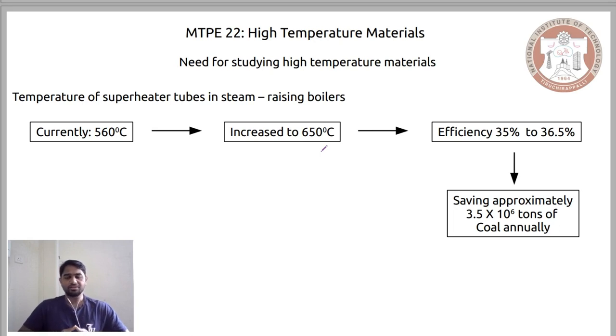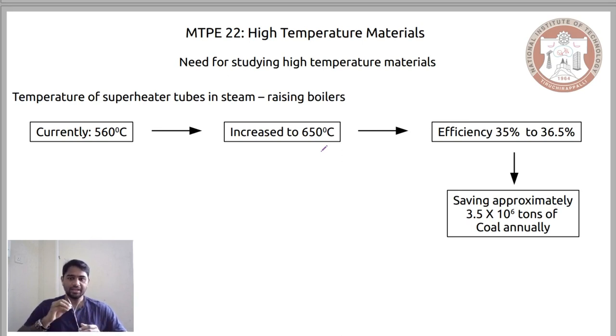The bottom line here, which I just wanted to end this lecture with, is that you would have taken several courses all through your semesters in this department. Some of the courses would be more theory oriented, but high temperature materials is not like that.